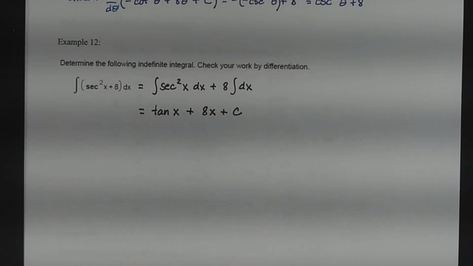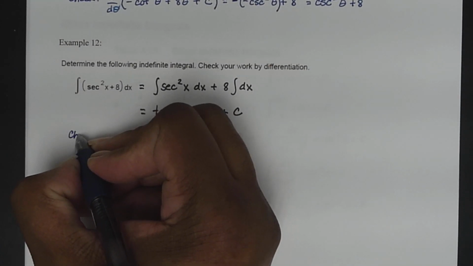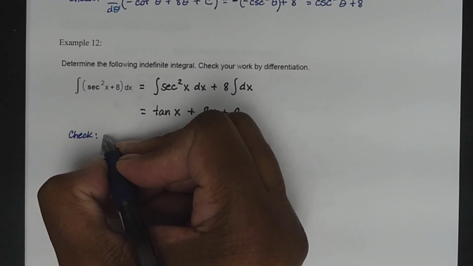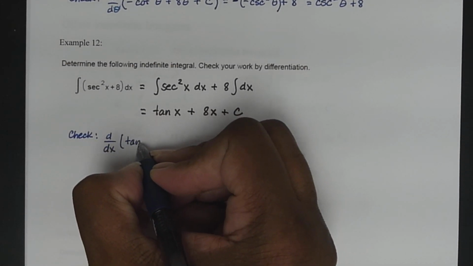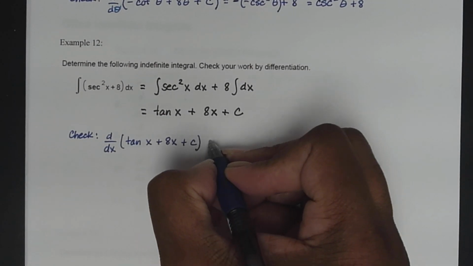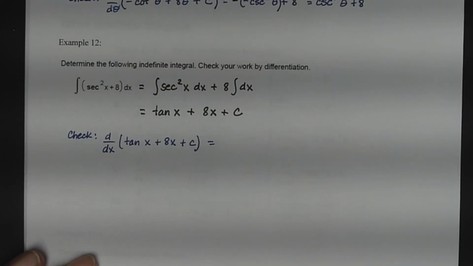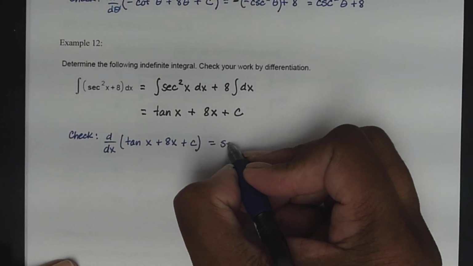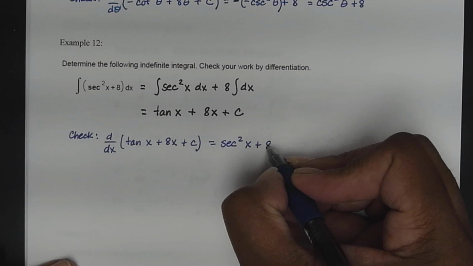Okay, and again, we can do the check by taking the derivative with respect to x of tangent of x plus 8x plus c. Well, the derivative of the tangent of x is secant squared of x, plus the derivative of 8x is 8.